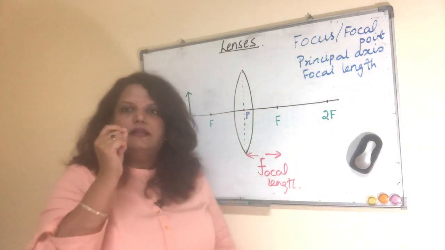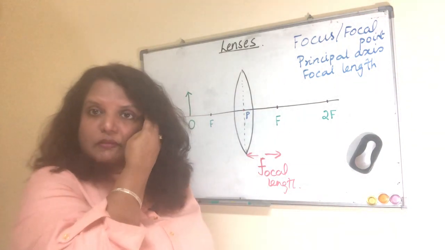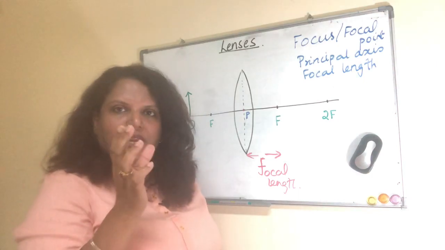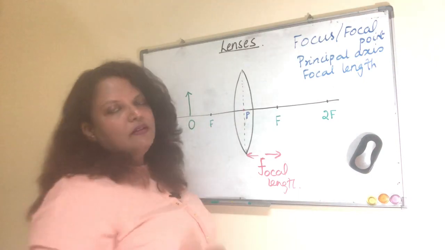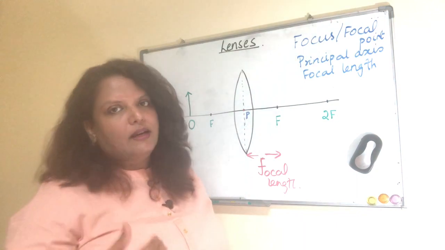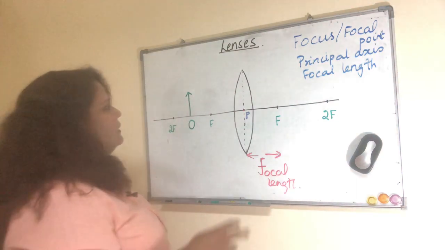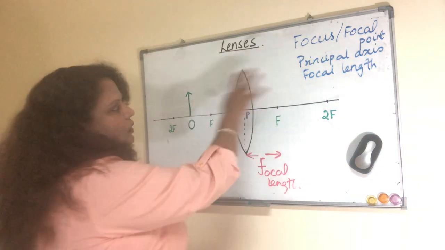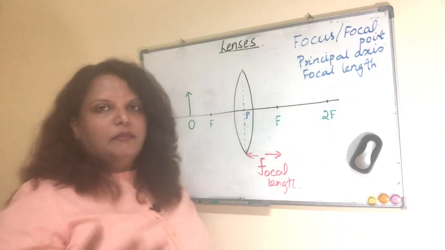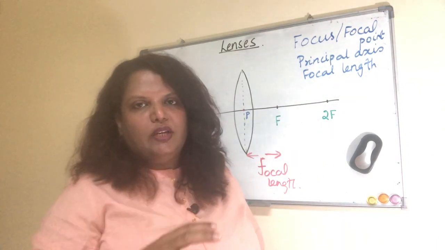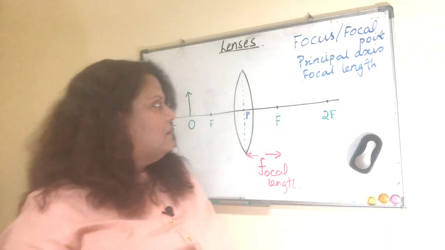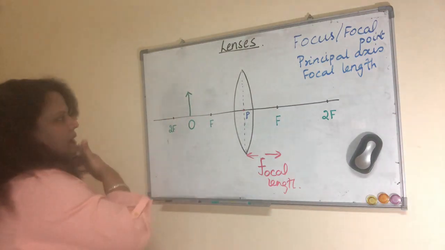So what is focal length? The distance from this, very important, not only in terms of definition, you should be able to locate which part or which section refers to the focal length while constructing the ray diagrams. It's very important, right? Alright, these three are from the ray diagram. Now while you're describing the characteristics of images, I'll give you some more key terms that you are expected to write, alright? Now we'll see how to construct the ray diagram.